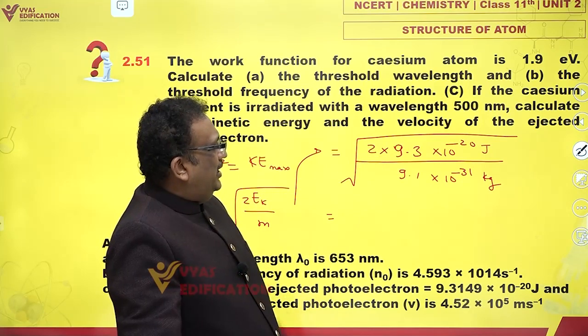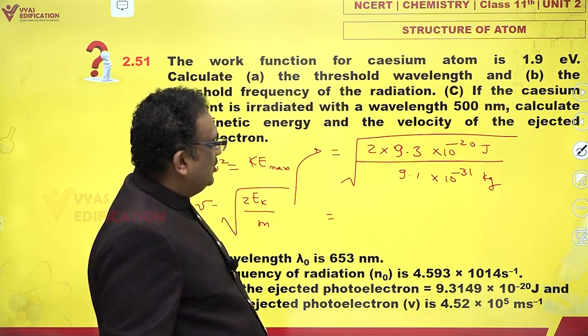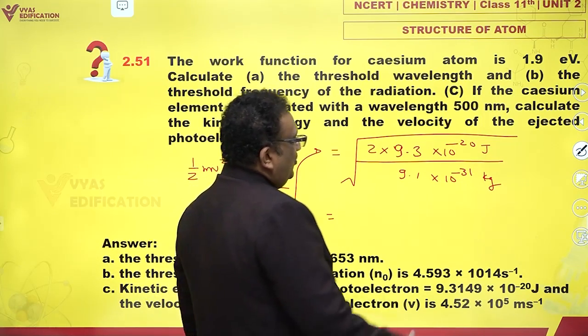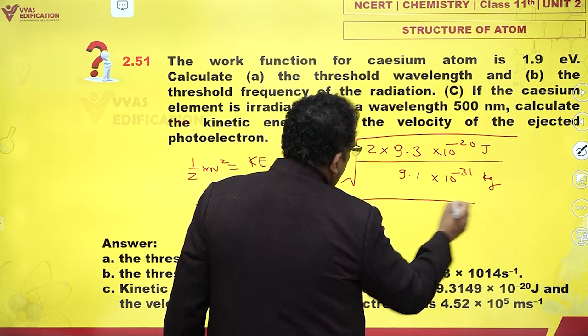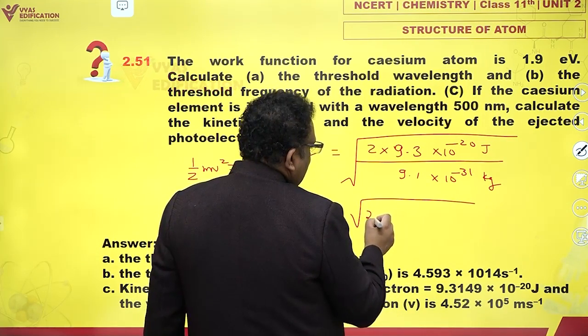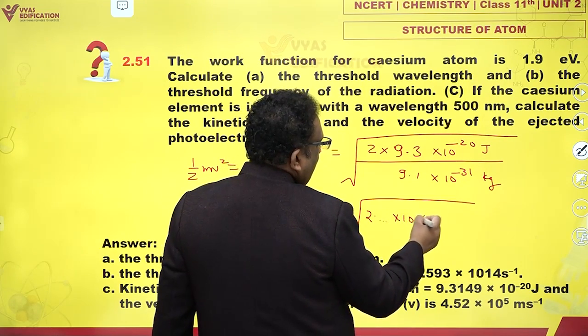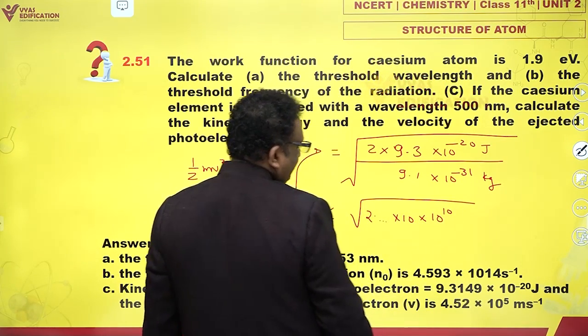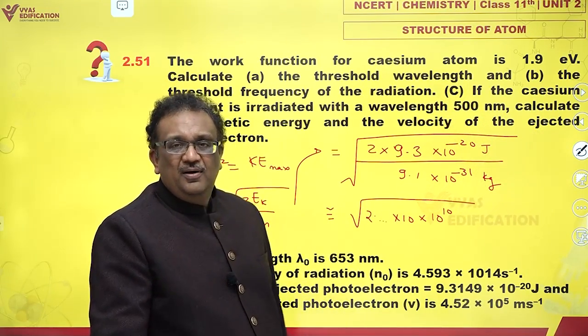This is a little more than 1 into 2, whatever that comes out to be. And there is more ugliness. 10 raised to 11. So this is going to be around 22 point something into 10 raised to 10. Around 21, 22 roughly, that's the number.